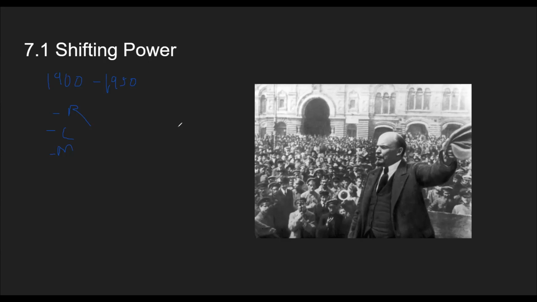With all of this, the people got angry with their government and wanted to change it. There's this guy named Vladimir Lenin over here, and he started a movement called the Bolsheviks, who were a communist form of society.